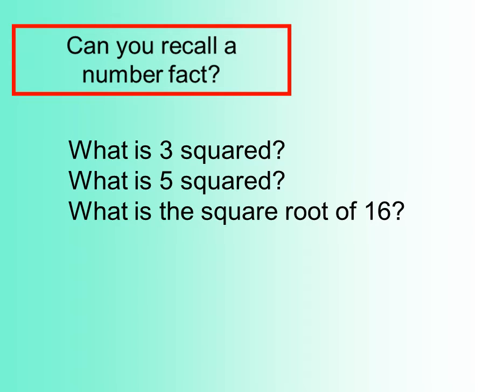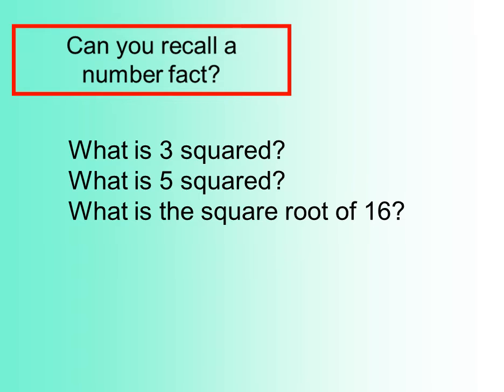Now the final one is a bit different. It says, what is the square root of 16? Now to find the square root of something, you need to find a number that when you times it by itself, in this case it makes 16. Well, let's go through the numbers. Is it 2 times 2? No, that makes 4. Is it 3 times 3? No, we've done that one already.